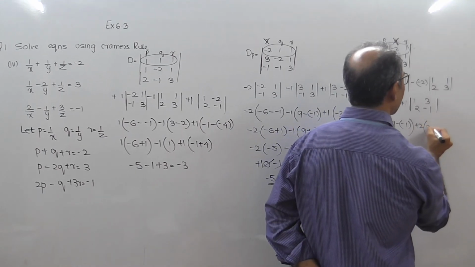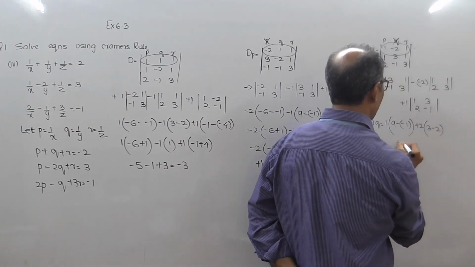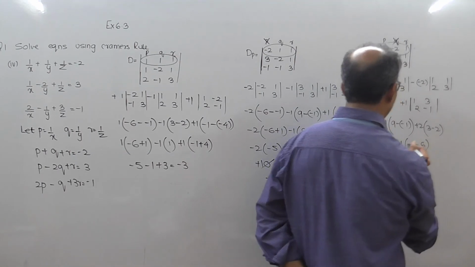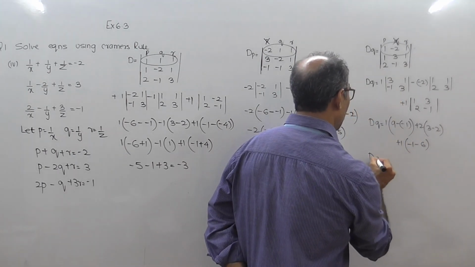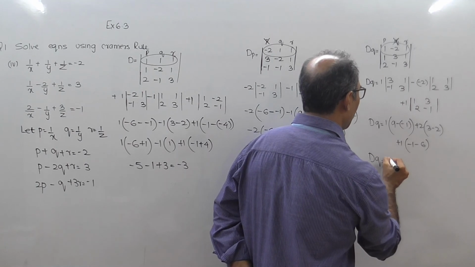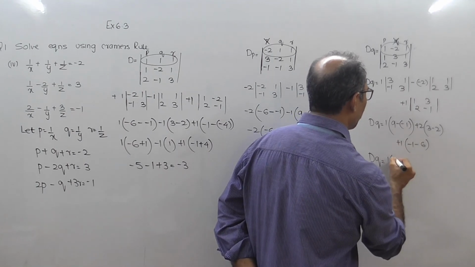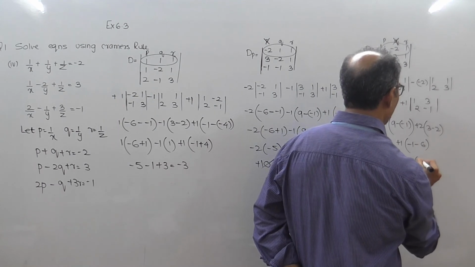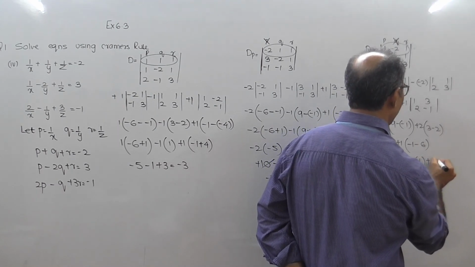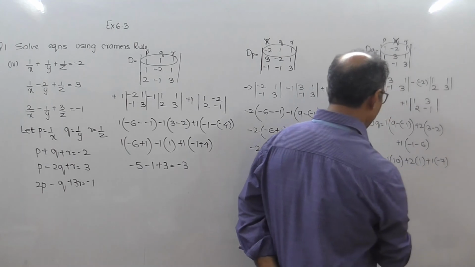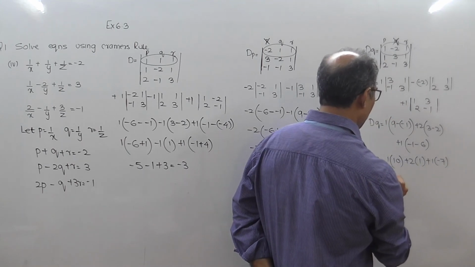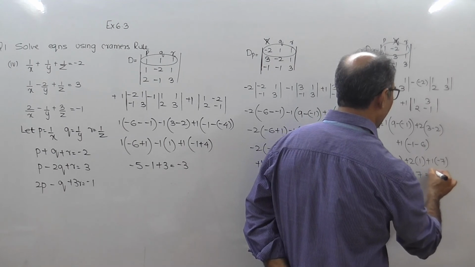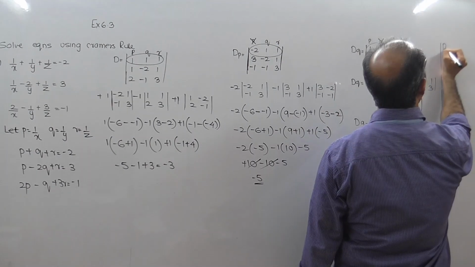I think this is 3 minus 2, plus 1. I think this is minus 1, minus 6. So your dq will be 1 into 9 minus of minus 1 is 9 plus 1, which is 10. Plus 2, 3 minus 2 is 1, plus 1 into minus 7. dq will be 10 plus 2 minus 7. I think the value of dq will be 5.